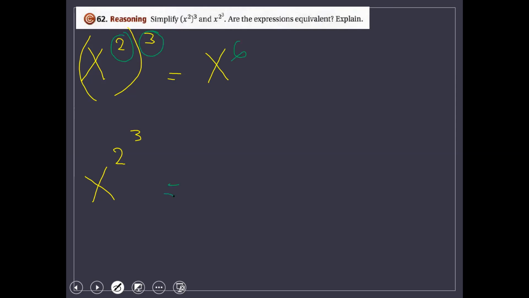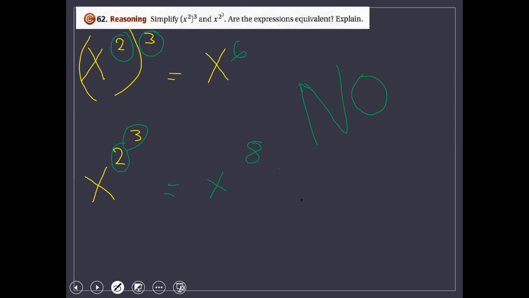But here now, we have x, and this x is raised to 2 to the power 3. I will repeat. Here we have a power raised, x squared raised to 3. Here we have 2 raised to 3, which is 8, and this x is raised to 8. Are they equivalent?